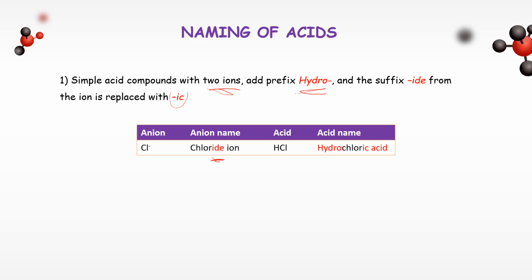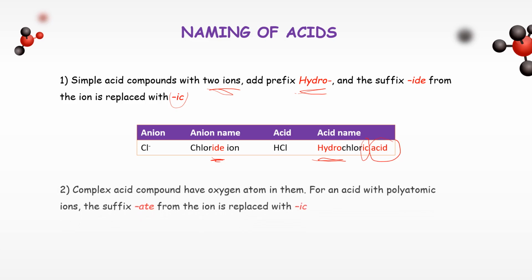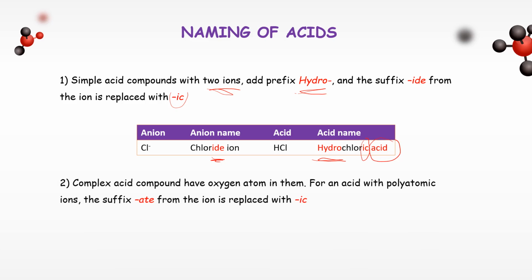So we put the prefix hydro at the front of the name, and the "ide" at the end is replaced with IC. Don't forget to add the word acid at the end of the name, so the name will be hydrochloric acid.